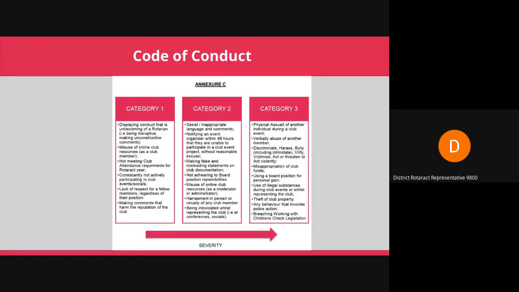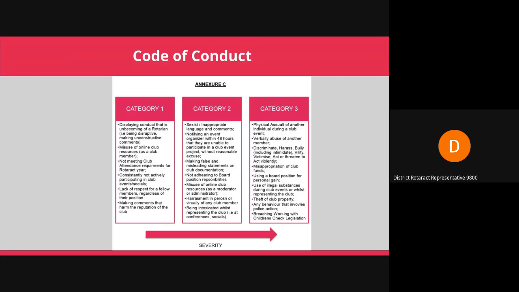So with our code of conduct, when the president or the DRR is reviewing the submitted incident report, they will need to identify which category the misconduct falls under. We've prepared a table of various behaviours which will not be tolerated by our club.